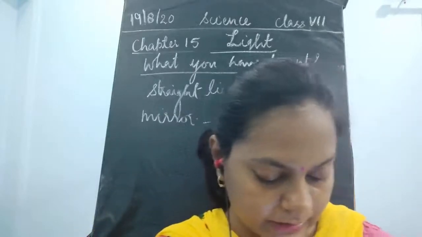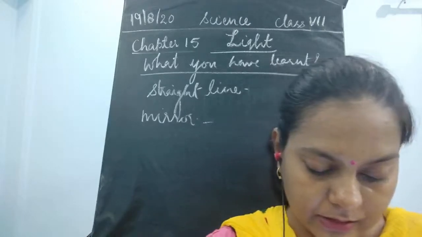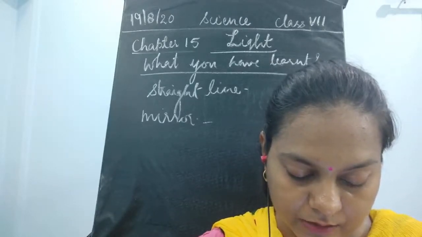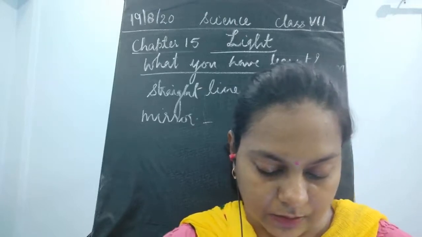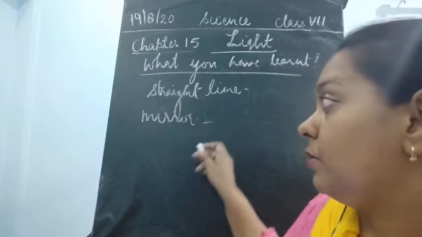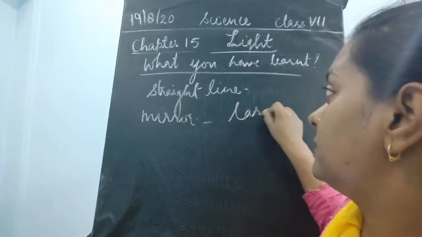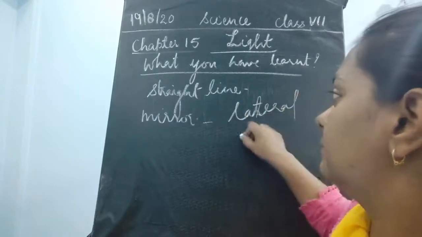Okay, next point says that in an image formed by the mirror, the left side of the object is seen on the right side of the image, and the right side of the object appears on the left side of the image. This phenomenon is known as lateral inversion.